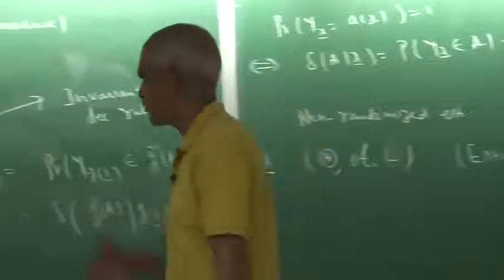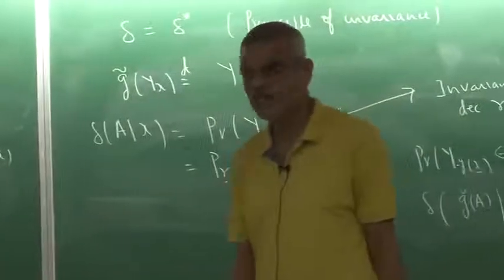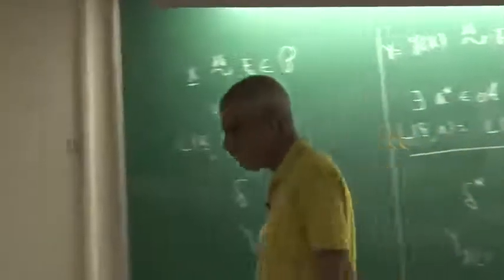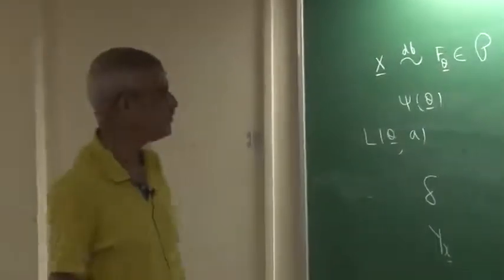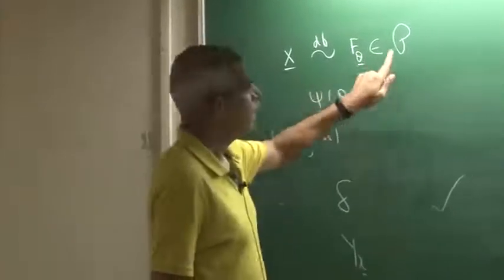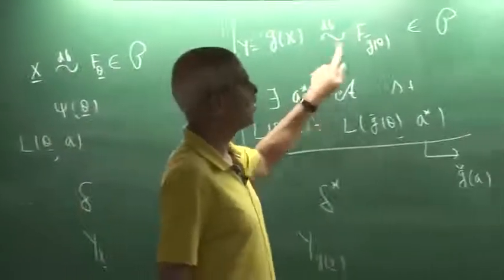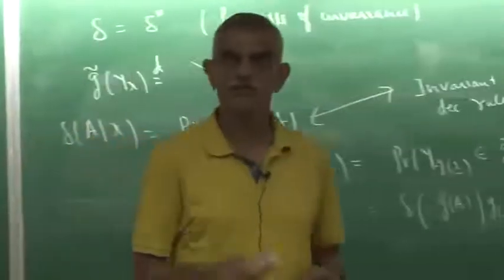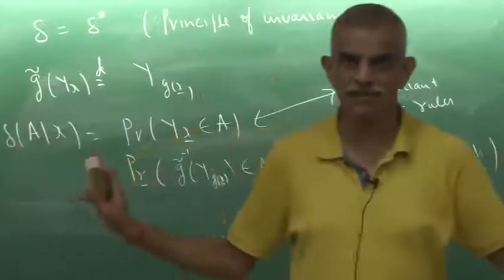So let's do that. Now I have given you a motivation. Now I'll try to build up the whole invariance theory step by step. So let's see what are the steps involved. The first step is that the transformation should be such that if I apply any transformation in that group, my distribution should be in the same family.